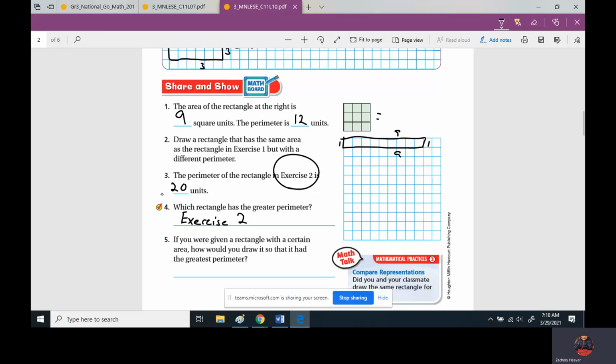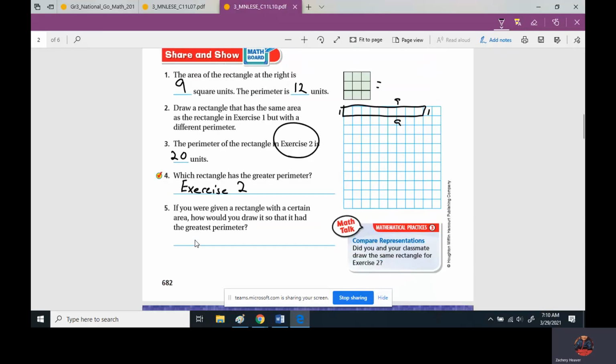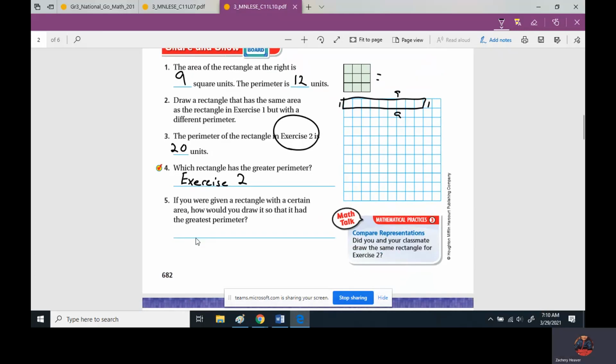Remember, what you're kind of guessing is the farther apart that these factors are, like 1 times 9, the bigger the perimeter is going to be. The closer together they are, the smaller. If you were given a rectangle with a certain area, how would you draw it so it had the greatest perimeter? Well, we just talked about it.